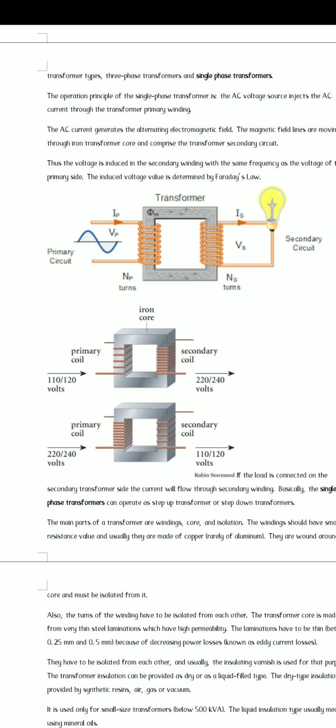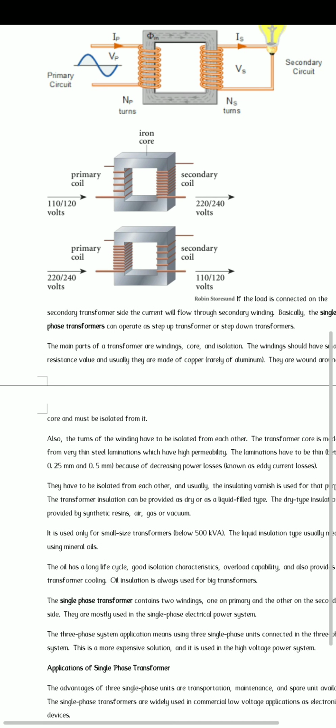For example, the third diagram shows clearly that the primary voltage is 110 volts and the secondary voltage is 220 or 240 volts. It is greater than the primary voltage, so it is called a step up transformer.